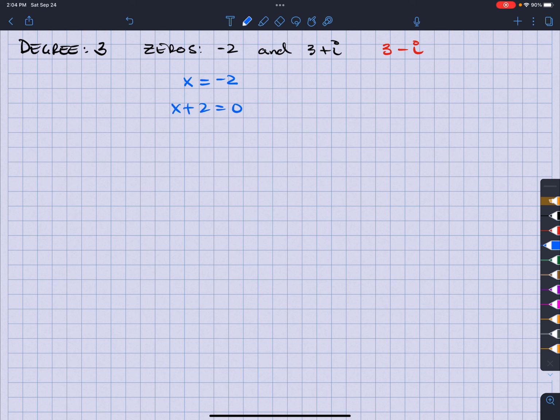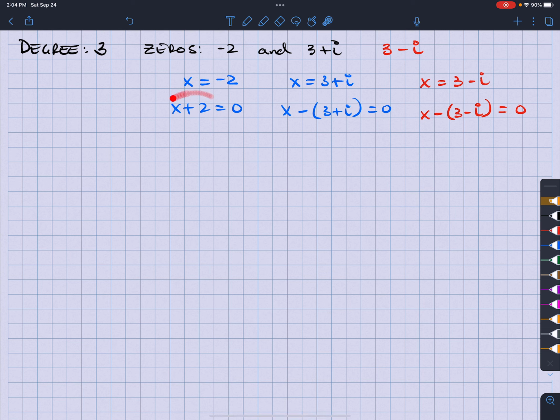If I did x equals 3 plus i, if I bring that over to the other side, I have x minus the quantity 3 plus i equal to 0. And if I say that x is equal to 3 minus i, then I bring it over to the other side, I would have x minus the quantity 3 minus i equal to 0, right?